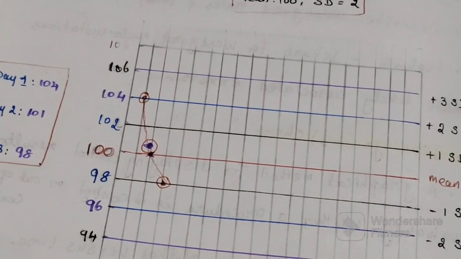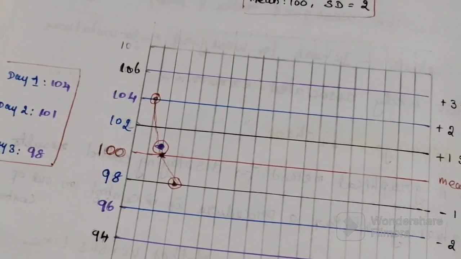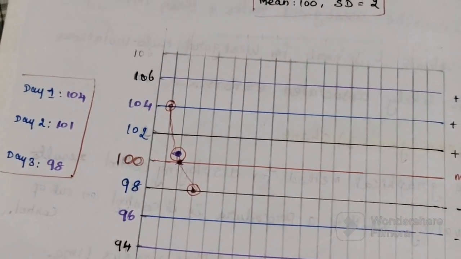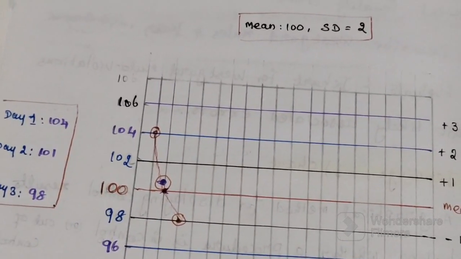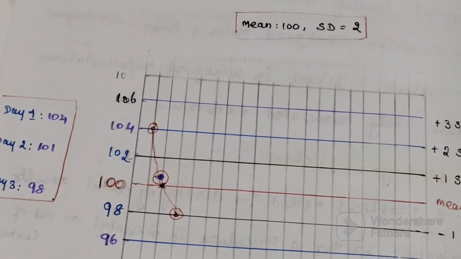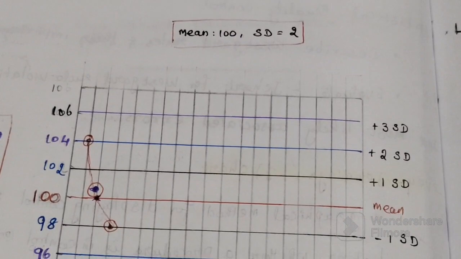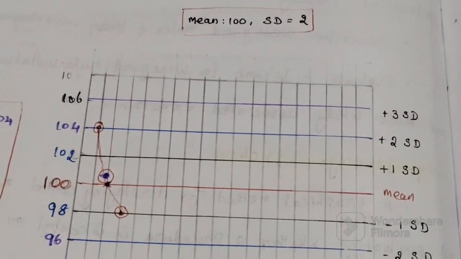The LJ chart can be constructed manually, or it is already presented in automated analyzers. This LJ chart is constructed using a mean of 100 and a standard deviation of 2.